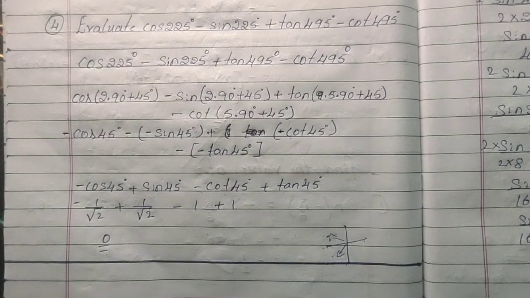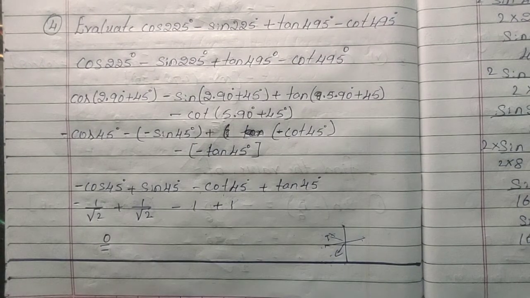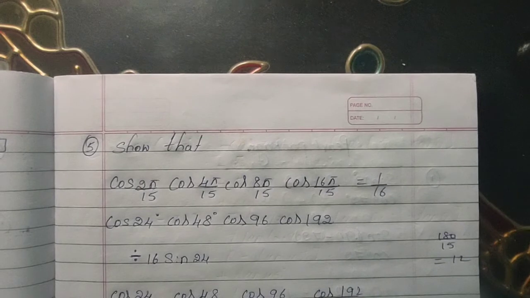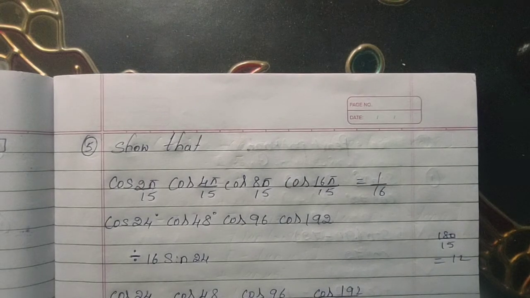There is a question number, next question 5. See students, this question: show that cos 2 pi by 15 into cos 4 pi by 15 into cos 8 pi by 15 into cos 16 pi by 15 equals 1 by 16. For this I should use one formula that we didn't learn in this chapter.